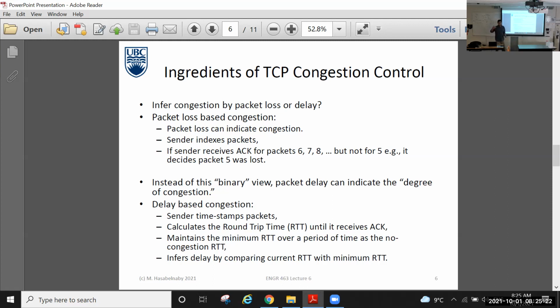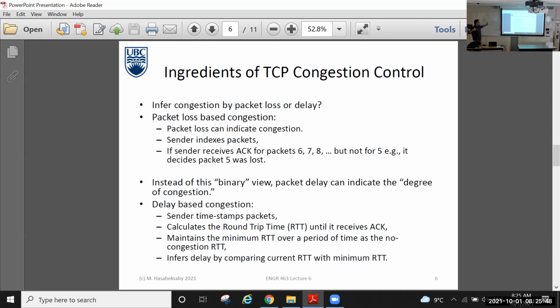We can determine the minimum round trip time in ideal cases, the cases with no congestion, and compare it with our current round trip time. If our minimum round trip time is 1 second and my current round trip time is 1 second, this means no delay.